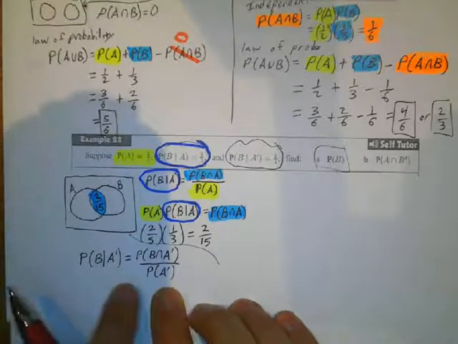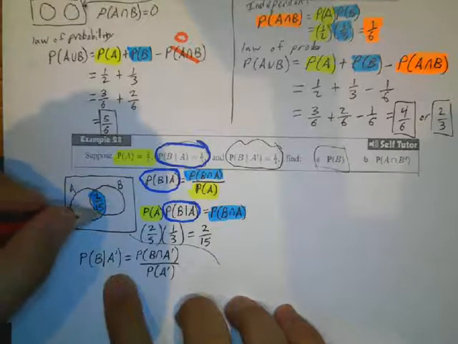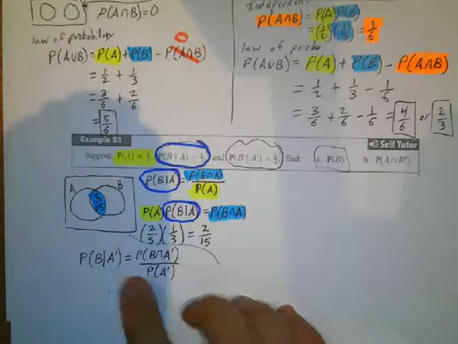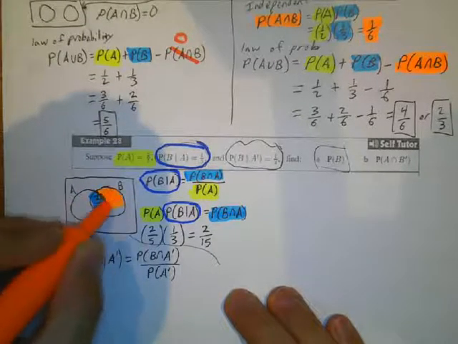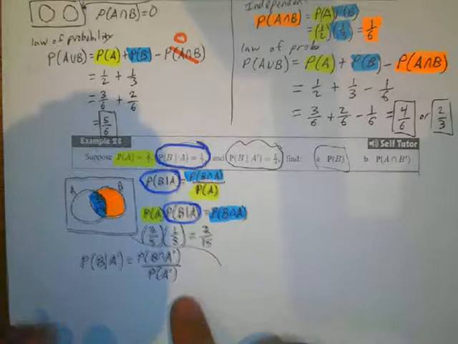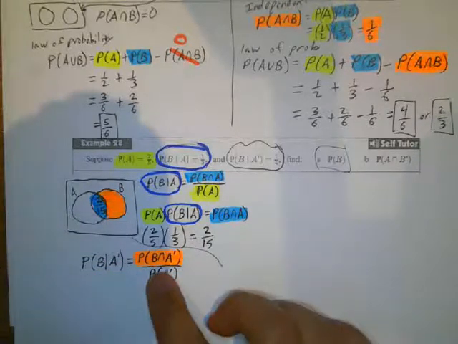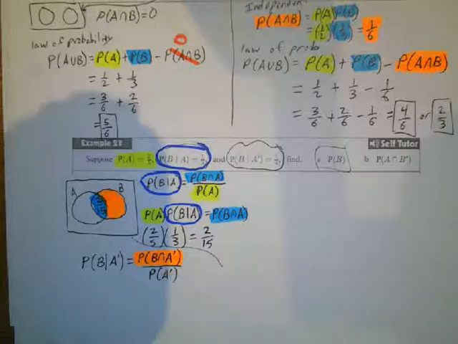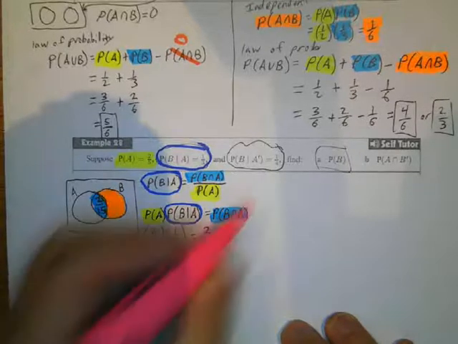This is going to give me the probability of being inside B and not in A, which is this space right here, right? This is not inside A, and it's the probability of being in B. So we're going to solve for the probability of being in B and not in A. And we know this value because they told you it's 1/4.